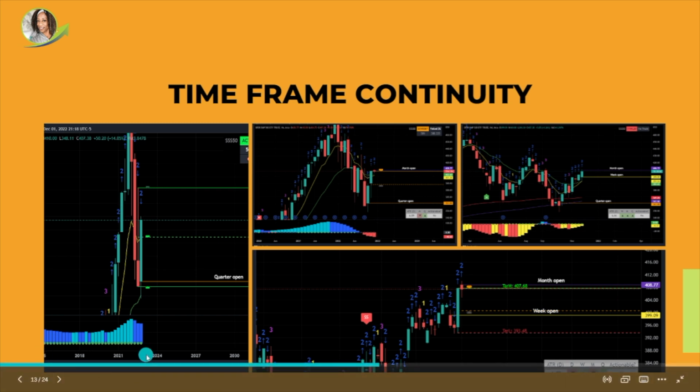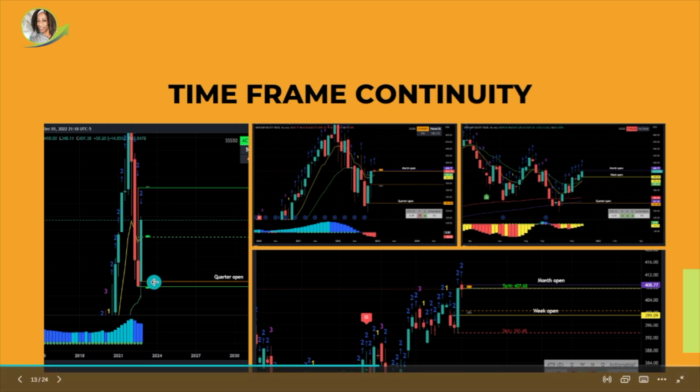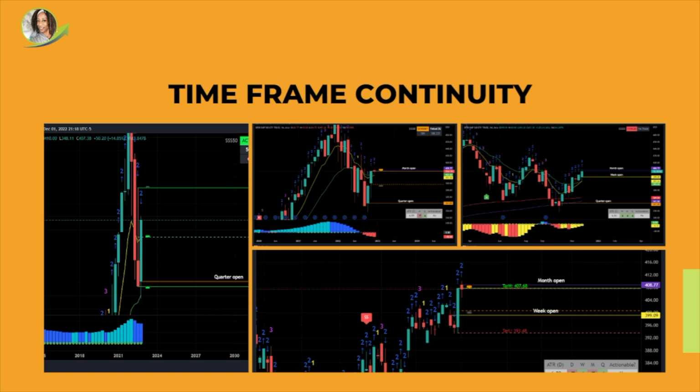So what you need to do is, when the quarter opens, draw a line at where the quarter opened, and label it the quarter open. As long as it stays above where it opened, the quarter will stay green. Then once our month opens, because when you start a new quarter, your month, your week, your day are all going to be the same, and it has to uncouple, and we'll talk about uncoupling later.